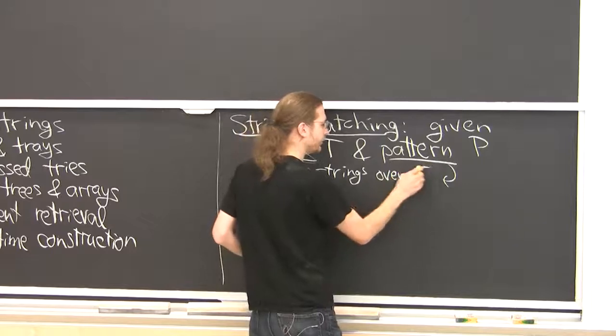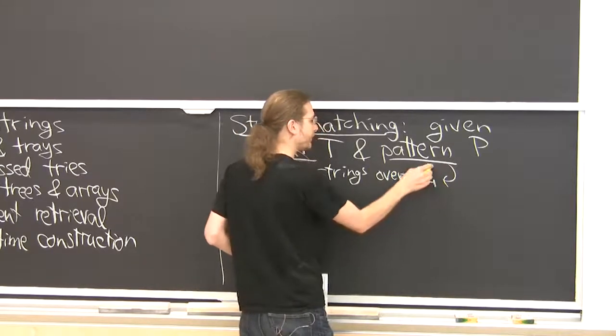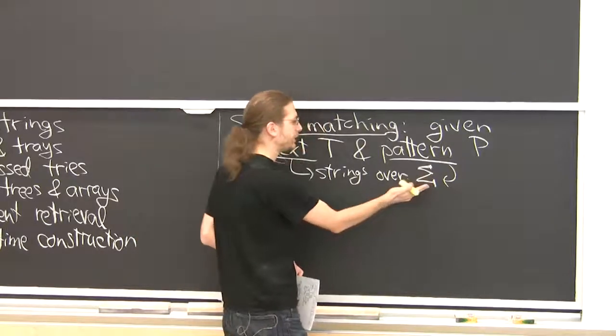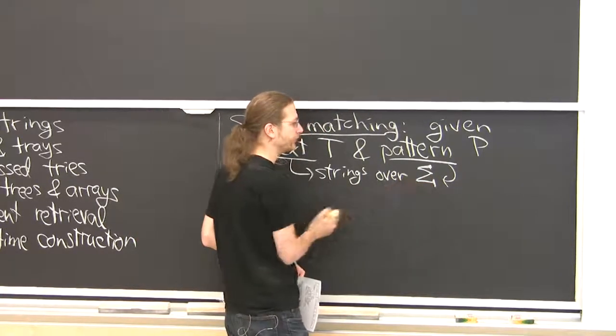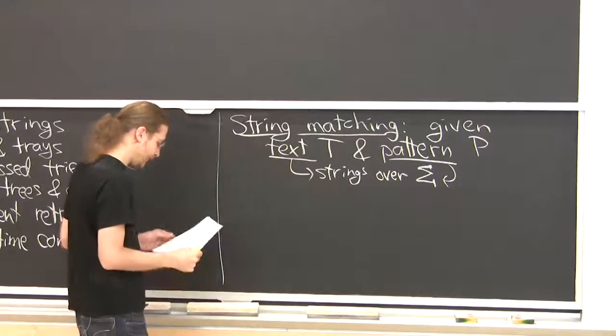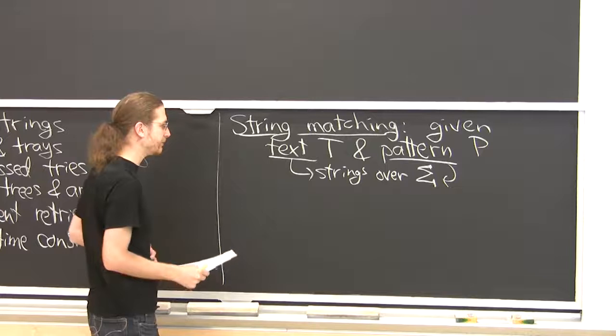The alphabet we're going to always call capital sigma. Think of that as, it could be binary, 0 and 1, could be ASCII, so there's 256 characters in there, could be Unicode, pick your favorite alphabet. Then it could be ACGT for DNA.